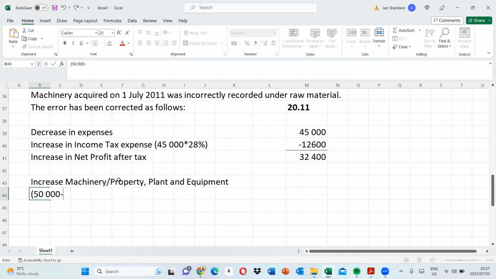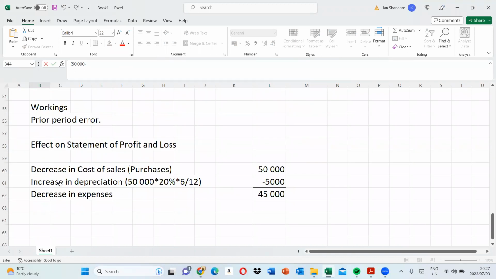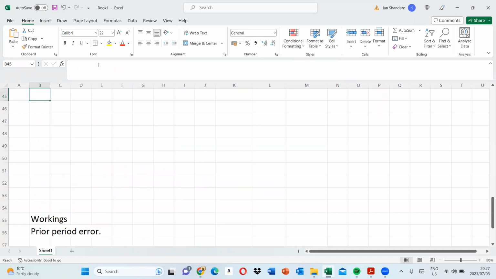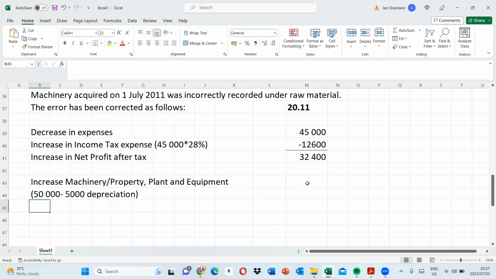You did work out the depreciation down there. How much did you calculate as your depreciation? 5,000. So in this case, that's your depreciation. Remember, we record machinery at carrying amount. We record our assets at carrying amount. So it will then give you this balance.